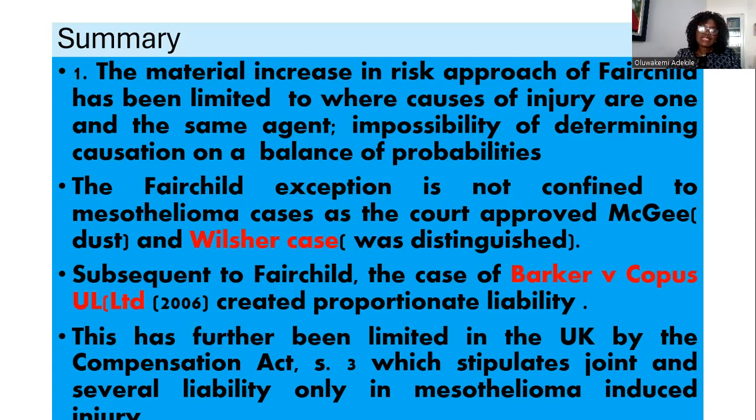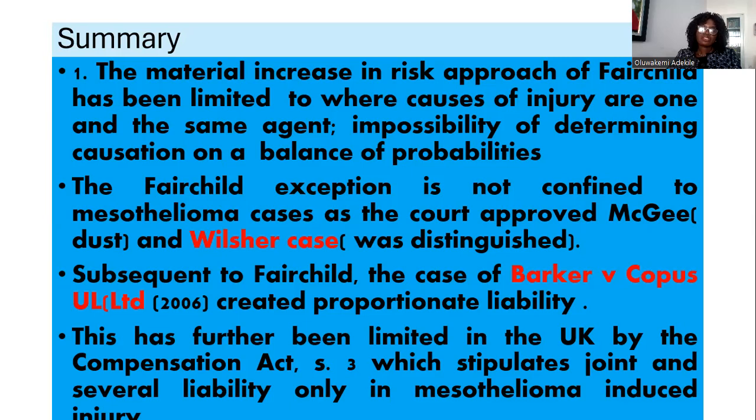However, since that case, the United Kingdom, by their Compensation Act, had reinforced joint and several liability for defendants in cases that deal with mesothelioma-induced injury. In such cases, joint and several liability continues to apply.